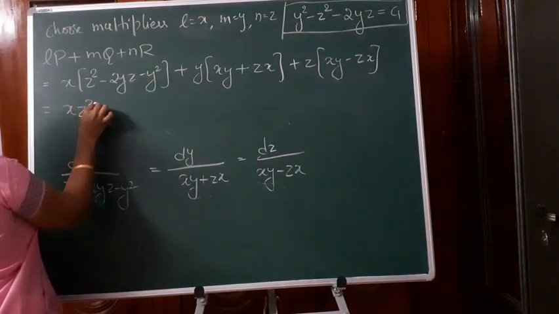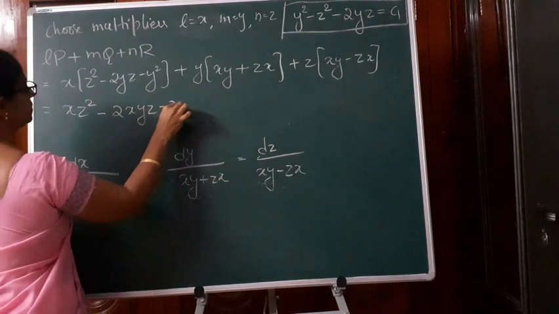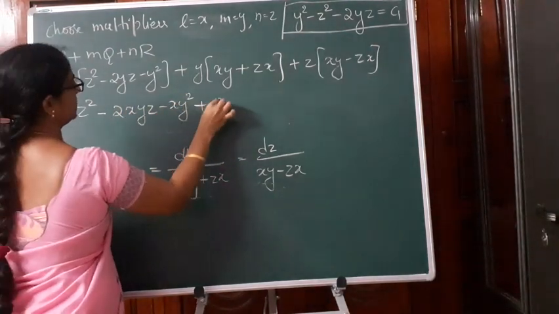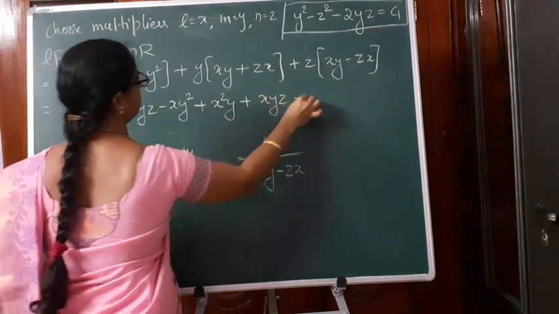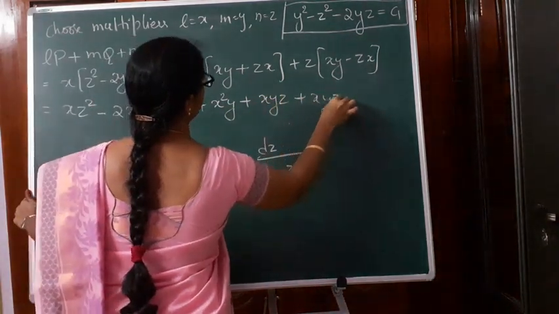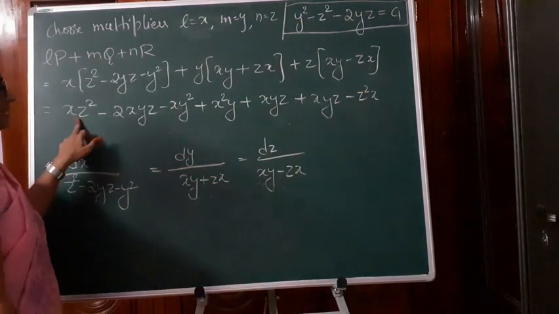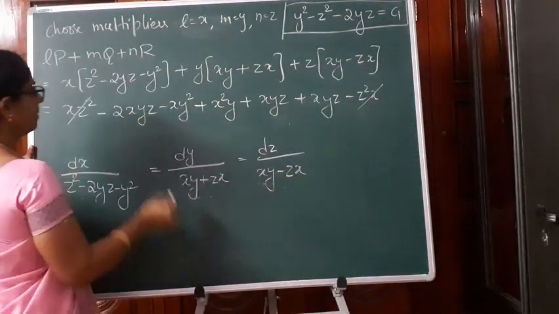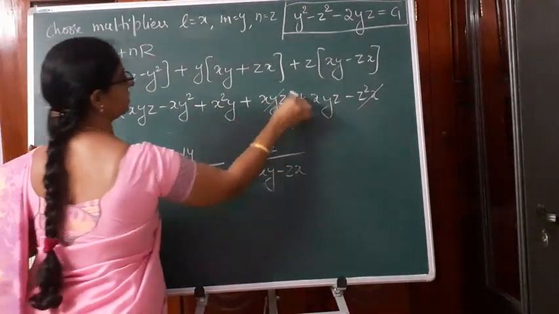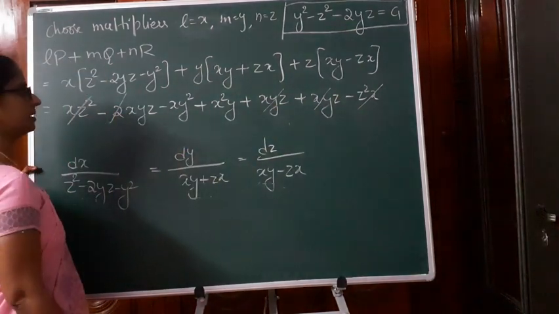Xz square minus 2xyz minus xy square plus xy square plus xyz plus xyz minus z square x. We have xz square here minus xz square, minus 2xyz plus 2xyz. xyz plus xyz becomes 2xyz.